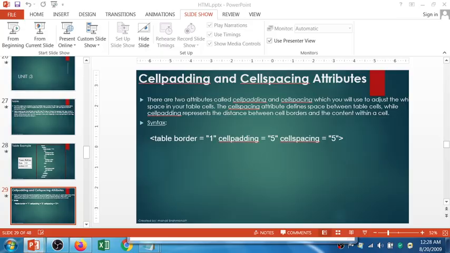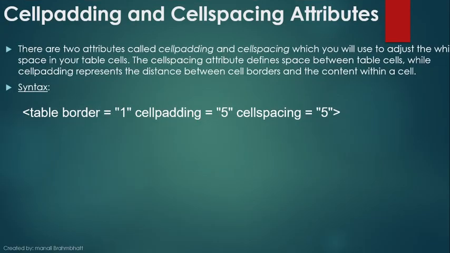So you can see in the current slide the cell padding and cell spacing attribute. In my last video I discussed how to create the table in HTML. So today I'm going to discuss the attributes of the table element.